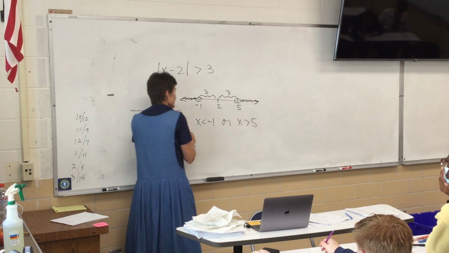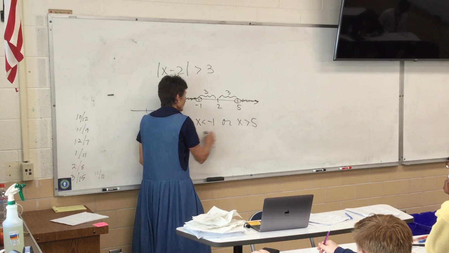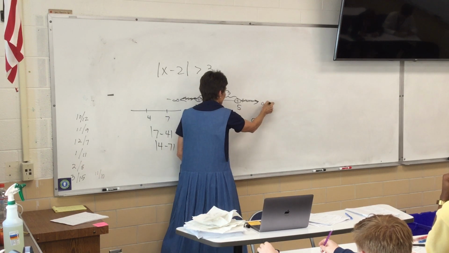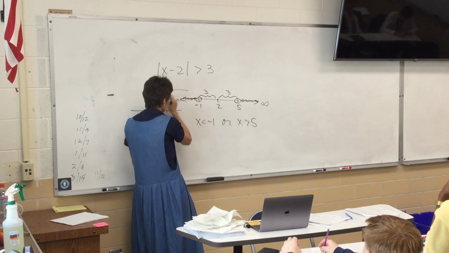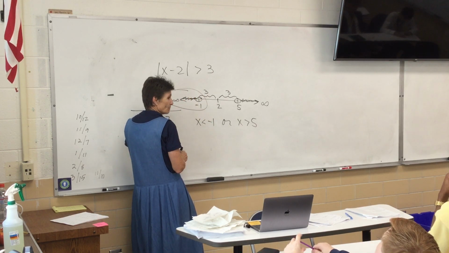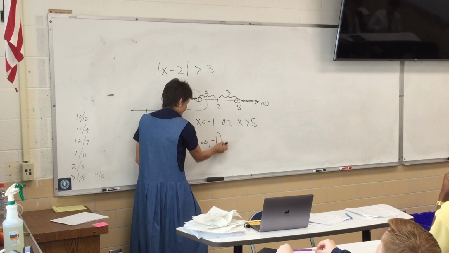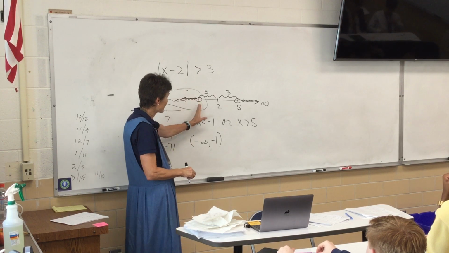If we wrote this as an interval, which is good practice for our quiz tomorrow, remember this is negative infinity, this is positive infinity. What would this look like right here? What would this look like in an interval? Perfect, that's exactly right. Negative infinity to -1.